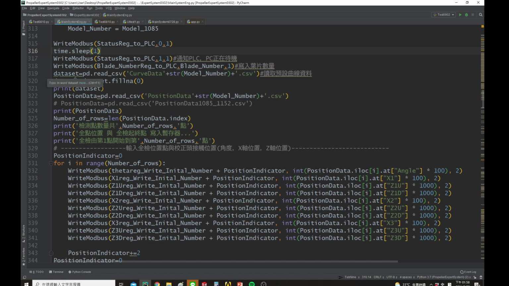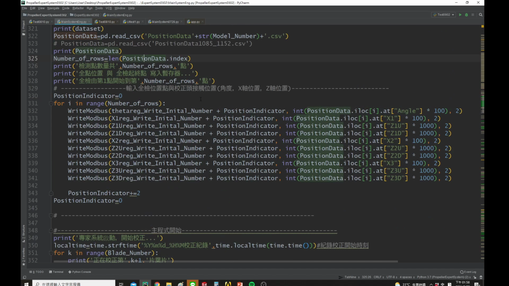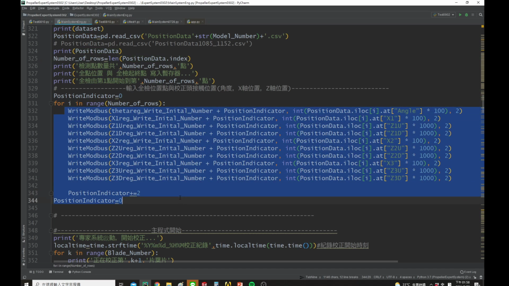So here we read the curve data and the position data, and then we write the position data into PLC.